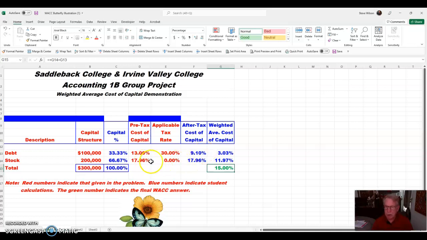And we bring the stock pre-tax cost of capital over into the after-tax cost of capital column. Then we simply multiply these after-tax cost of capital times these capital percentages, just like we did. We add them together and we get 15%. And that's what you need to do for the project. Big hint. Have fun.